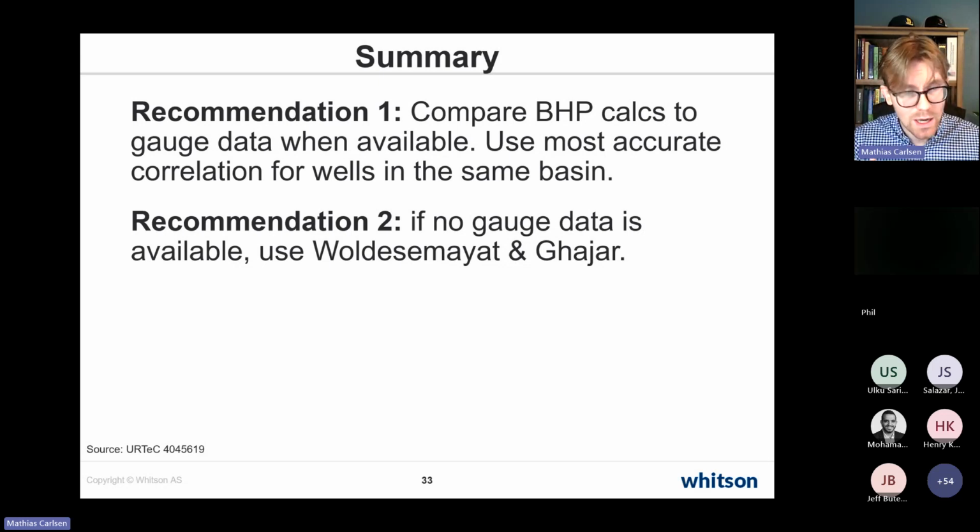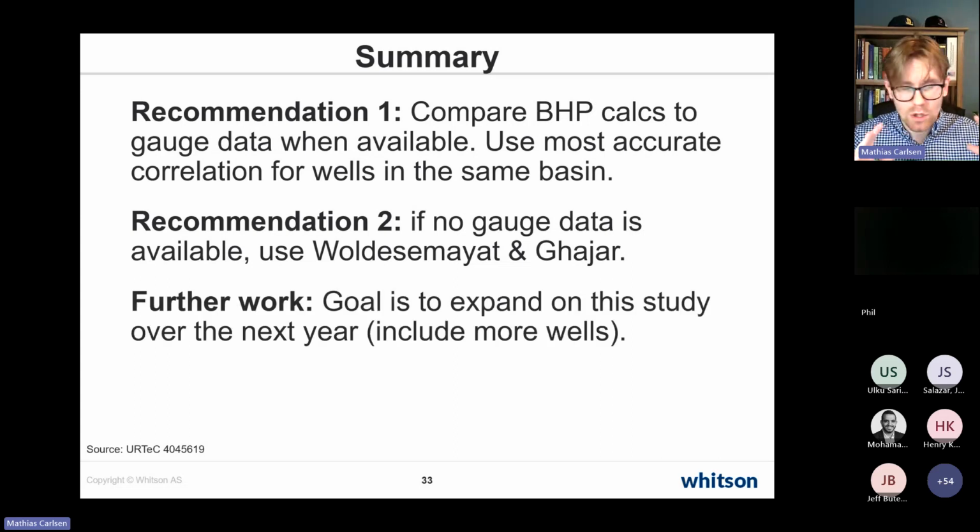If you haven't, it is a huge ROI thing. If you have a basin with a ton of wells and no gauge pressure, let's get it on one or two wells so you can get a feeling for this, because you want the bottom hole pressure correlation you're using to be the most accurate one. I think there's a lot of value to be captured there.